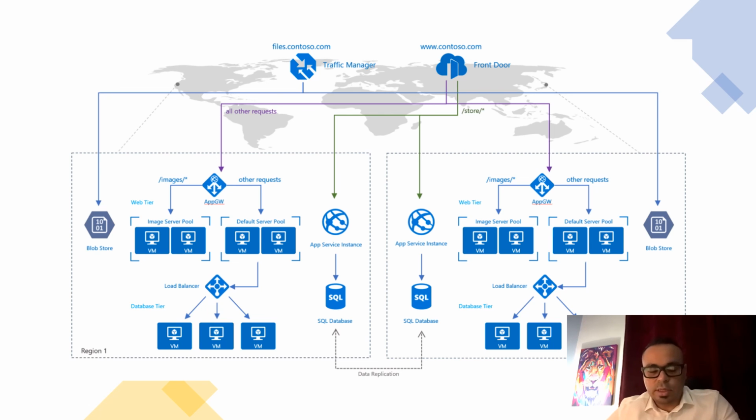Azure Front Door caches static content; no caching is available in Traffic Manager. In Azure Front Door we use the Anycast protocol with split TCP; Traffic Manager doesn't have this feature. Azure Front Door provides WAF features, as we mentioned in the last session when we compared it with Application Gateway WAF, but Traffic Manager doesn't have these features.